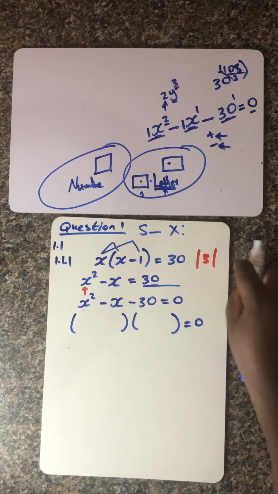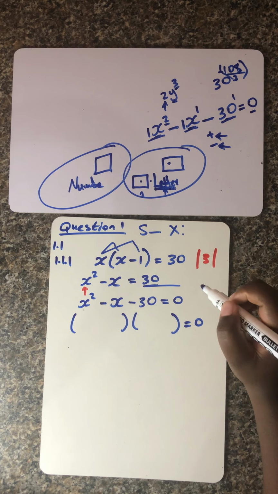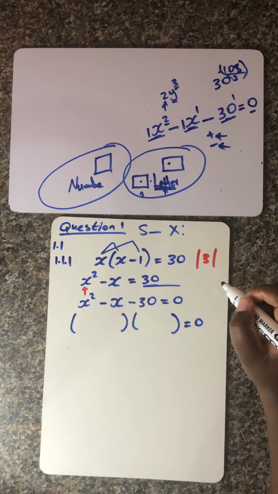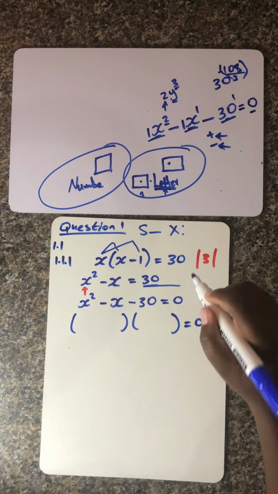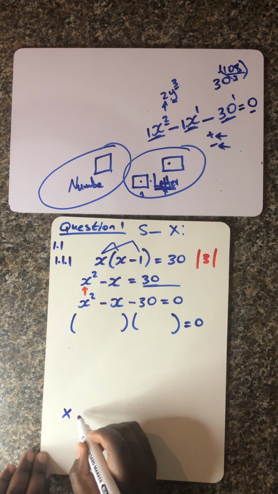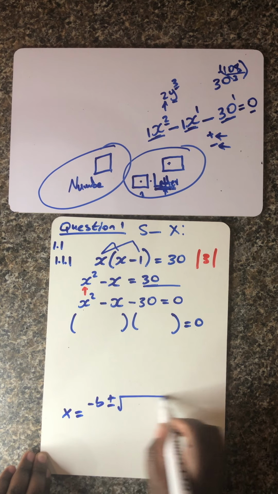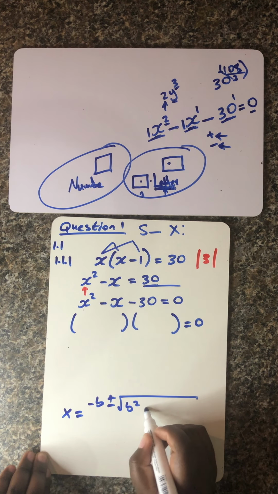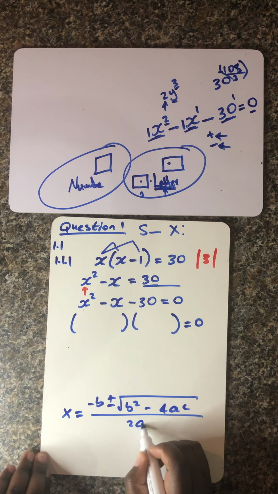It's because when I was in I think grade 9 or grade 10, I learned this formula, of which even now I still remember this formula, and I've always been using this formula, ladies and gentlemen, the quadratic formula. X is equal to minus b plus or minus square root of b squared minus 4ac over 2a.